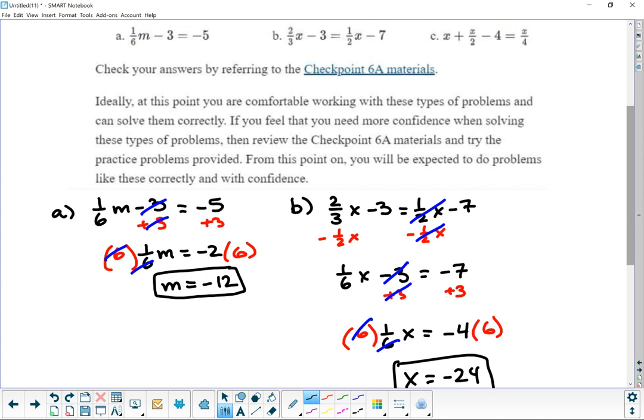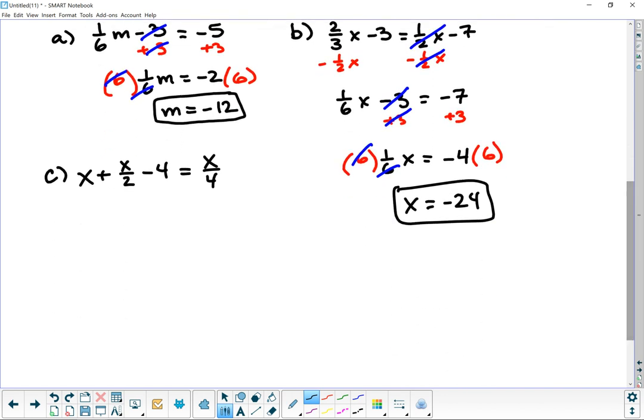And C, we put it right here. C is x plus x over 2 minus 4 equals x over 4. Just copying it down from up here. Okay, so x plus x over 2, I'm going to go ahead and call that 1 1/2 x minus 4 equals x over 4.